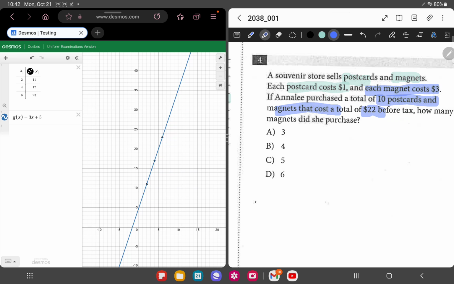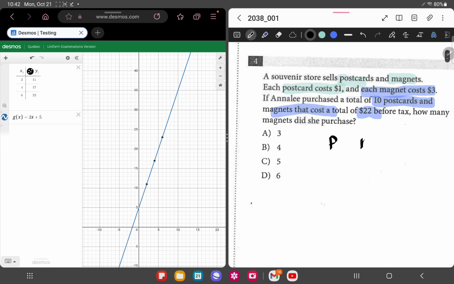So what we need to do here, we have 2 different things. We have magnets and we have postcards, okay? So what I'm going to do is set variables to those things. So P is going to stand for postcards, M is going to stand for magnets, okay? So now you're going to have to write 2 equations on here. And how do I know that?